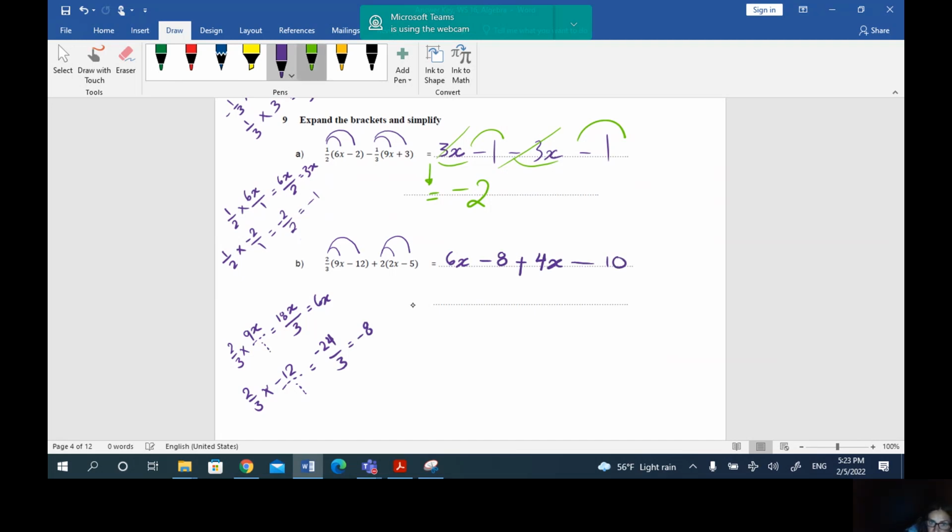Let's collect like terms, equal underneath the equal. 6x is a like term to 4x. 6 plus 4x is 10x. Minus 8 is a like term to minus 10. Minus 8 minus 10 is minus 18.